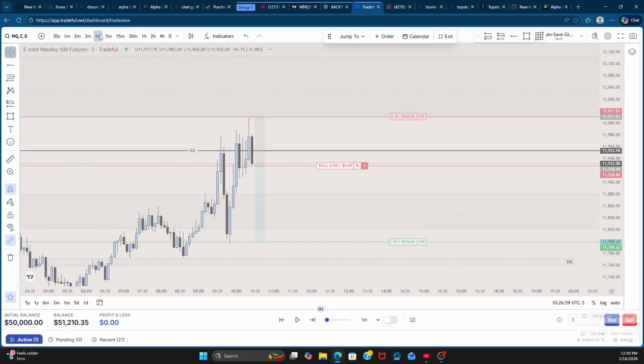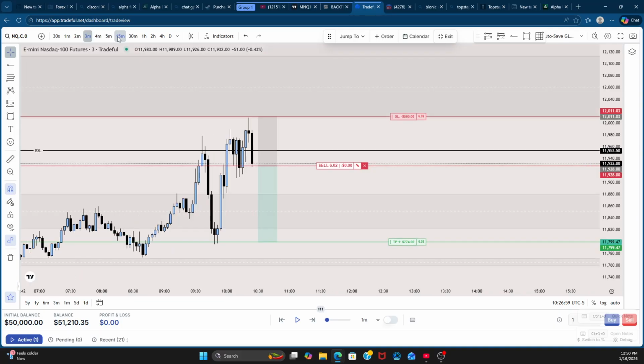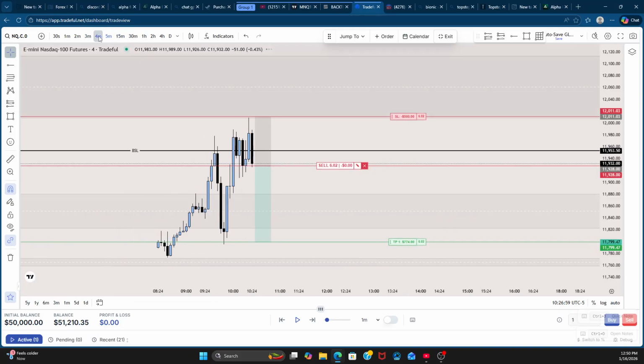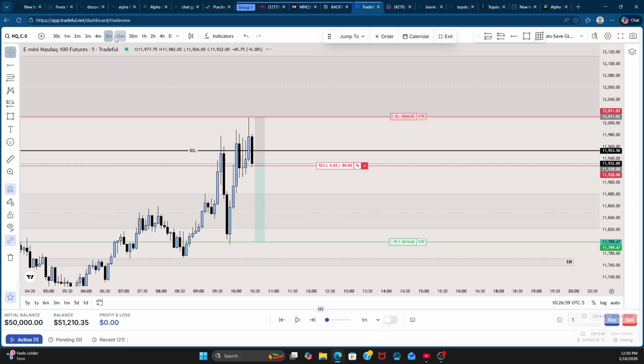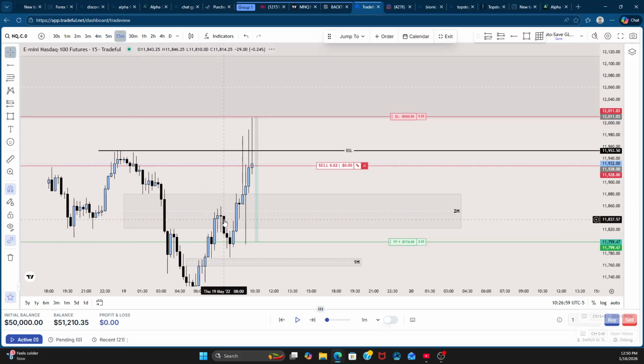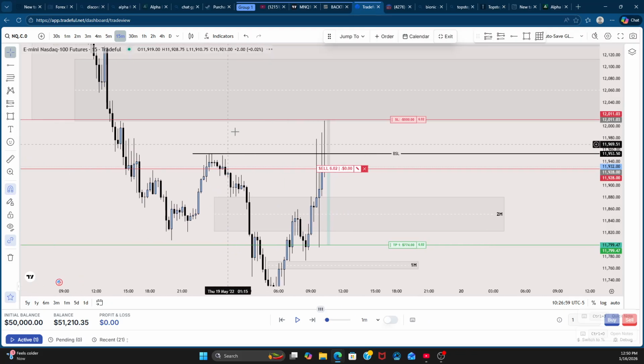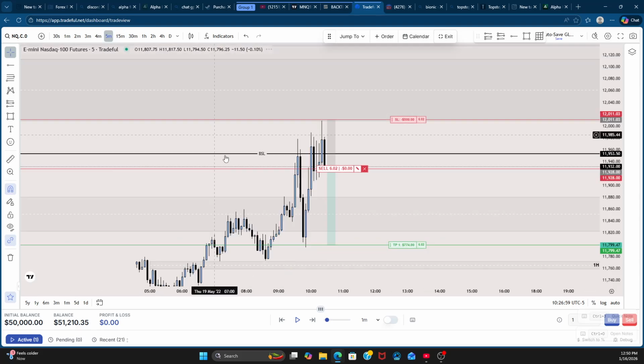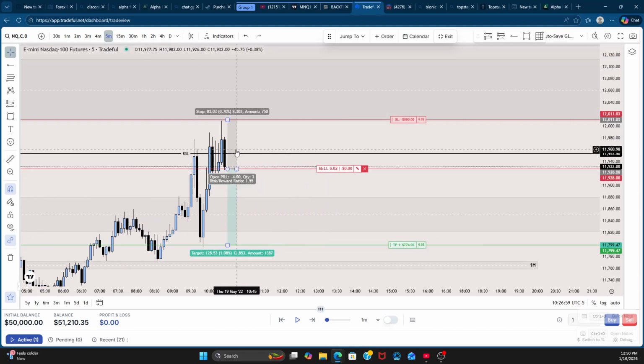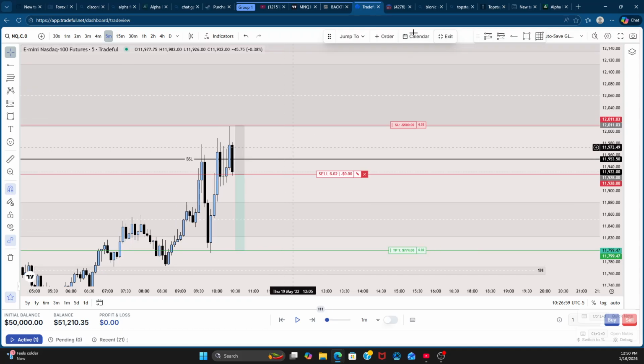I mean, the 1 minute gave the inversion. The 15 minute also respected this gap and delivered us higher. Fuck it. Fuck it, guys.